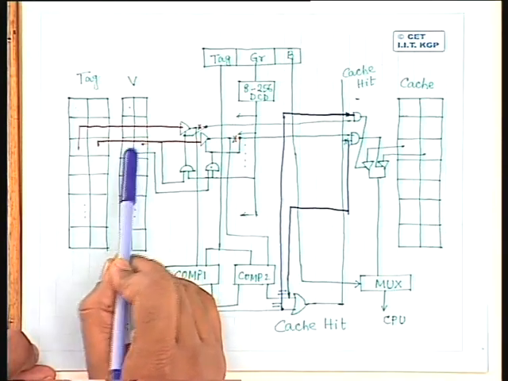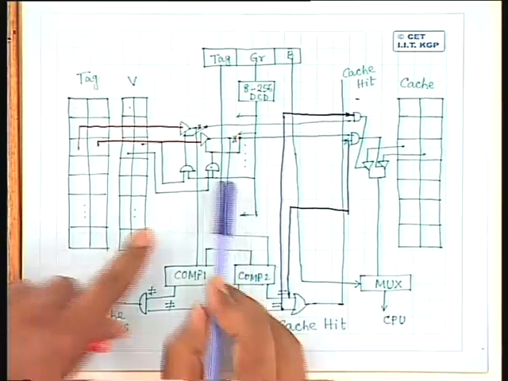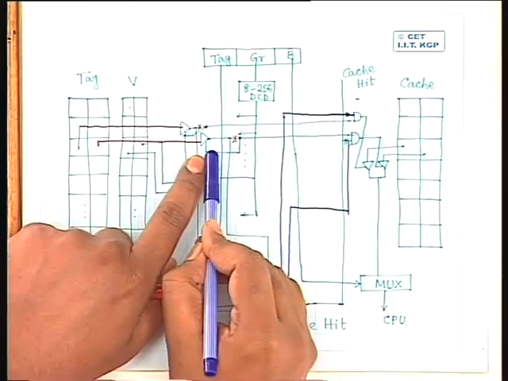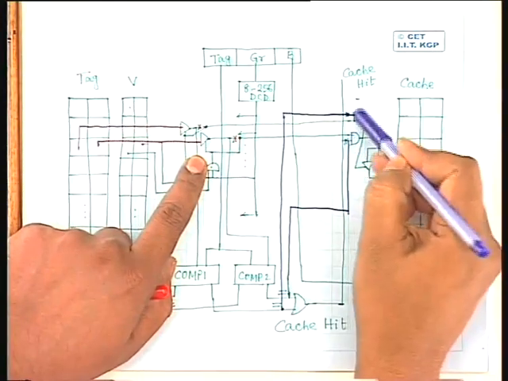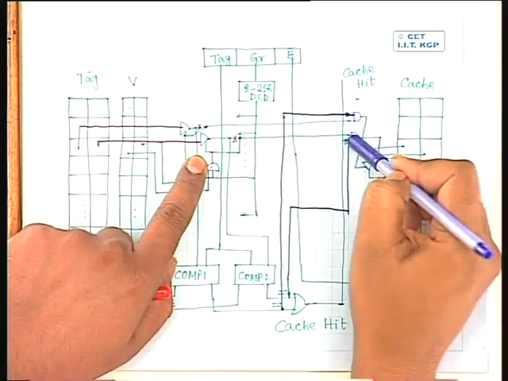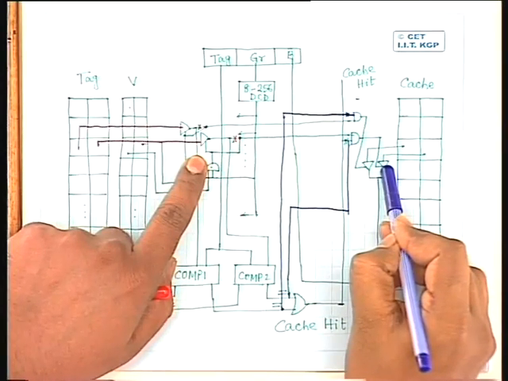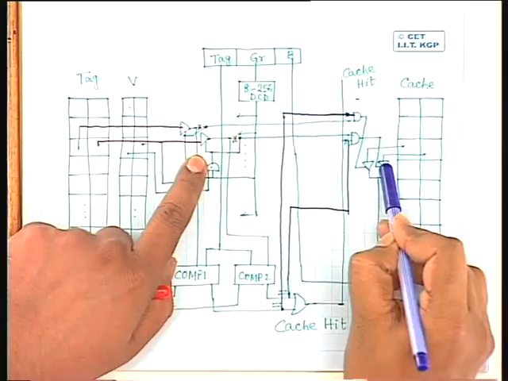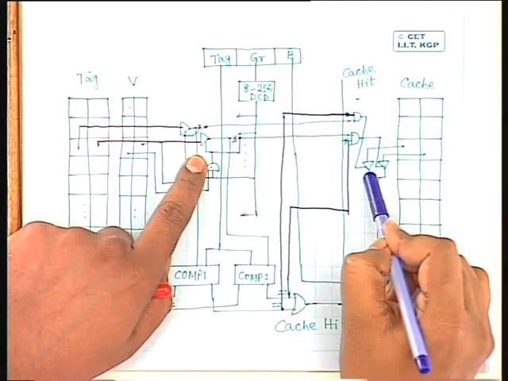If both the valid bits are 1 and I have a cache hit, then if I AND these AND gate outputs with this cache hit signal, both of these AND gate outputs will be equal to 1. If both of them are equal to 1, then both these buffers will be enabled. If you enable both the buffers, then there will be data clash, because I have directly connected the outputs of the buffers.